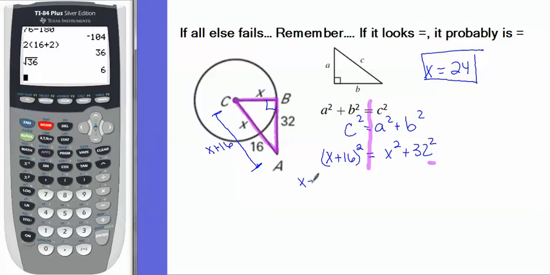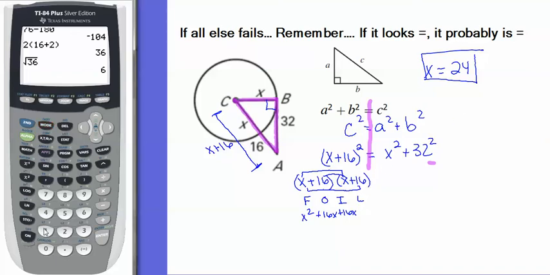Now, in case I didn't know how to do that, I could also solve it this way. This is going to be x plus 16 times x plus 16. Now, when I was in Algebra 1, I learned FOIL. When I multiply the first two, I get x squared. When I multiply the outside two, I get 16x. The inside two, also 16x. And finally the last one, 16 squared.